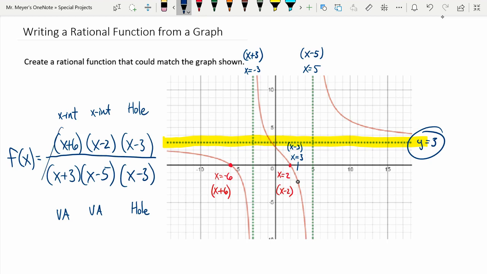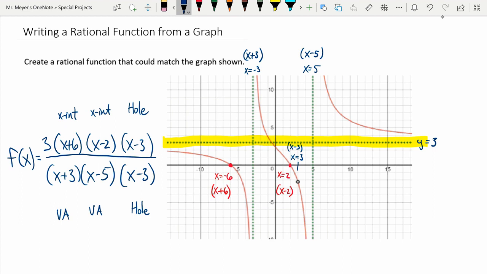And notice here we've got x, x, x. Those powers are equal. We have 3 x's. So the way we're going to find that is that y equals 3 is coming from the fact that the numerator is going to have a 3 in it.